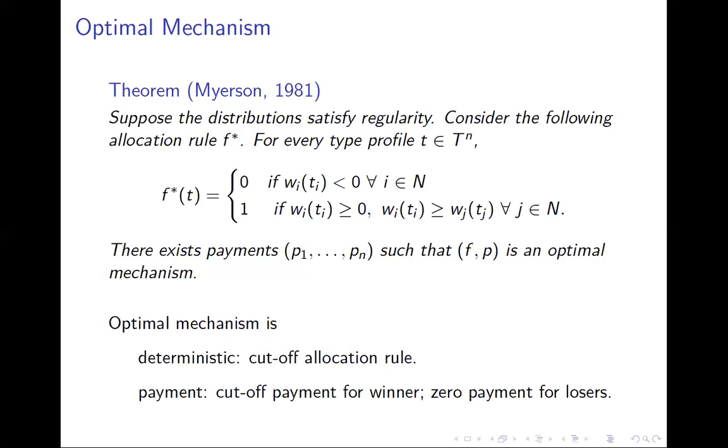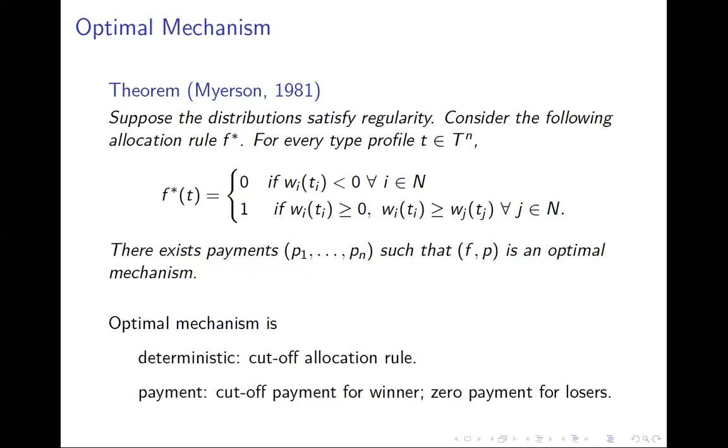So what we have concluded so far is that the optimal mechanism is deterministic, because it only awards to the highest non-negative virtual value agent with probability 1, and otherwise 0. The payments can be determined using the DSIC formula. So it's the cutoff payment for winners and 0 payment for losers.